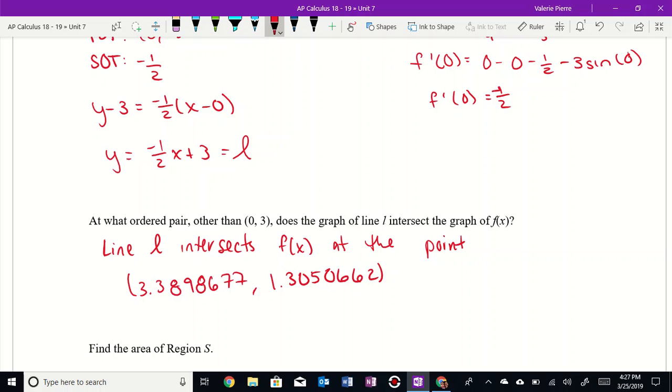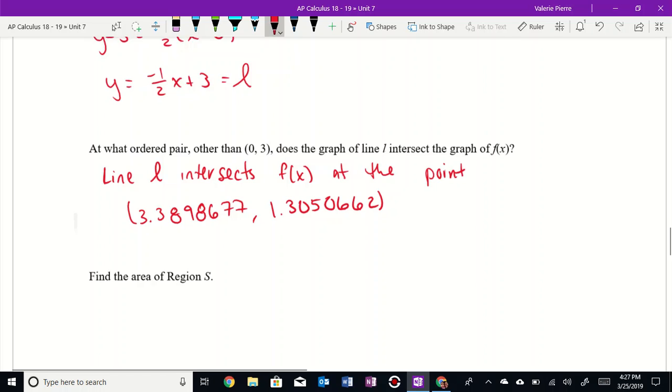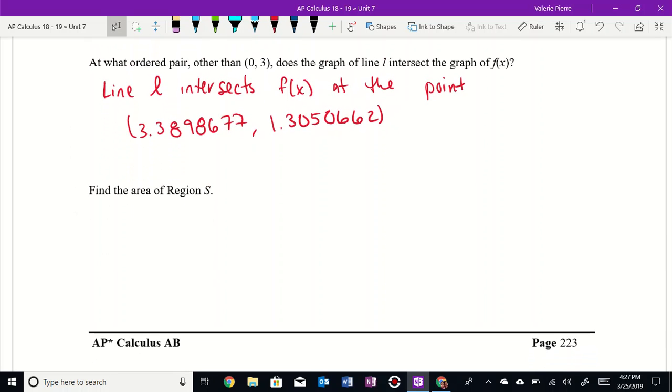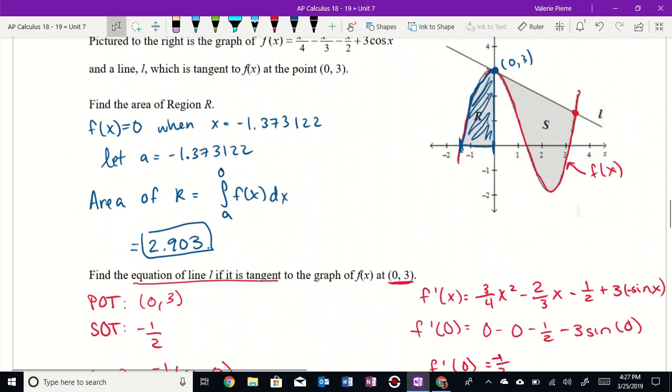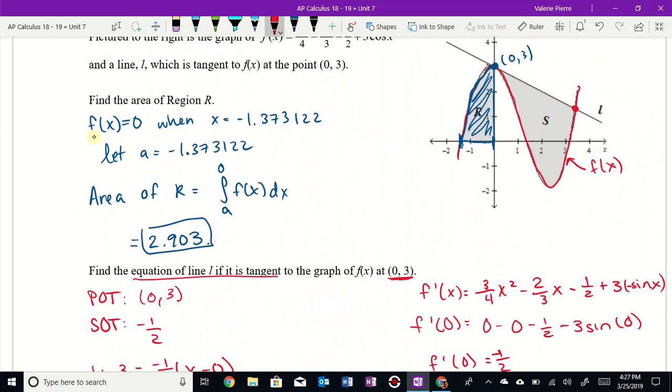The reason why I put so many decimals is because these numbers are going to be used later on in the problem. I want as many decimals as I possibly can so that when I plug them in later, it doesn't round the number too soon. It gives me a more accurate answer. So now we want to find the area of region S. If we look at our graph, region S is the space between line L and f of x.